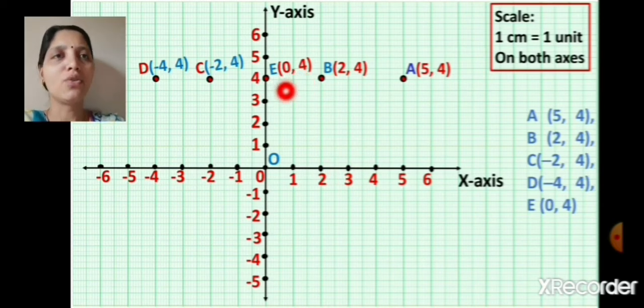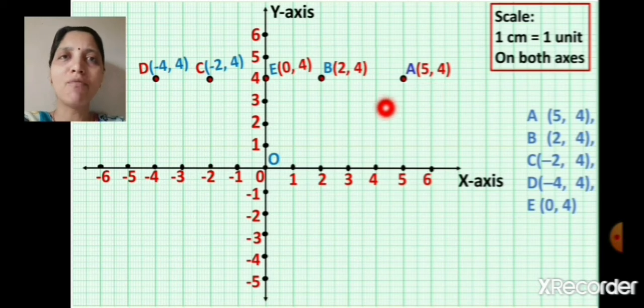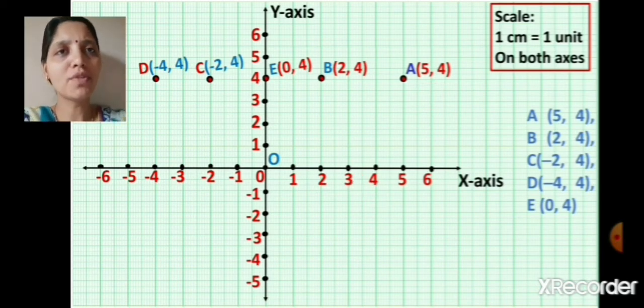Okay. So these are the 5 points we have plotted here. If you observe the coordinates of all these points, what can you say? Yes, you can say that the y coordinate of these points is constant, that is 4.